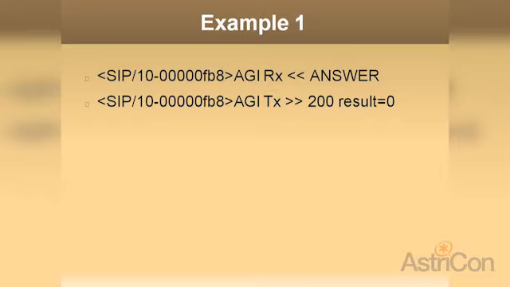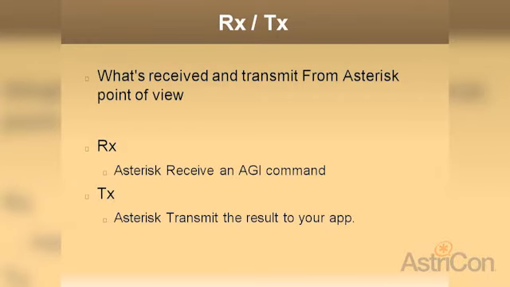This is the first example. I did an agi set debug on prior to that output. So now you see AGI RX. I've got an answer, and I'm transmitting a 200 result=0. How it works with the RX and TX is that it's from the Asterisk point of view.